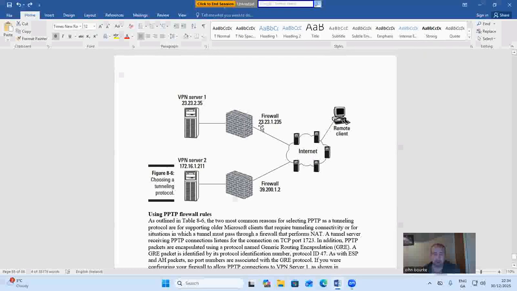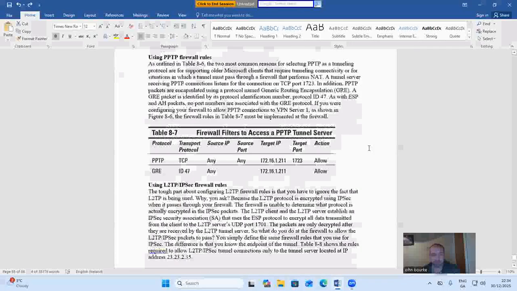Firewall 23.23.1.235. VPN server 2, the IP address 172.16.1.211. The firewall has the IP address 39.200.1.2, internet and remote client.